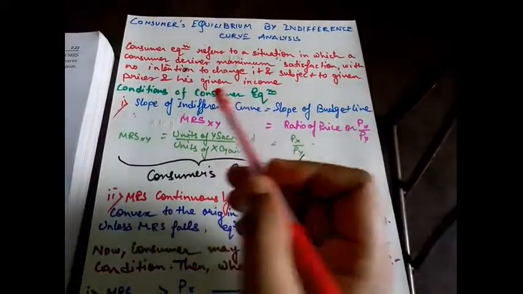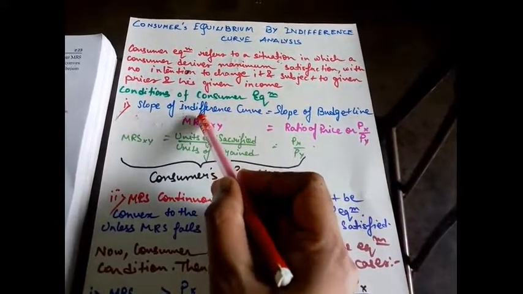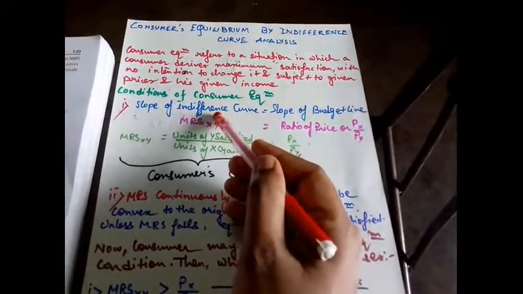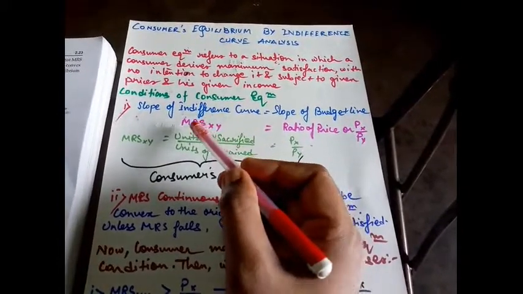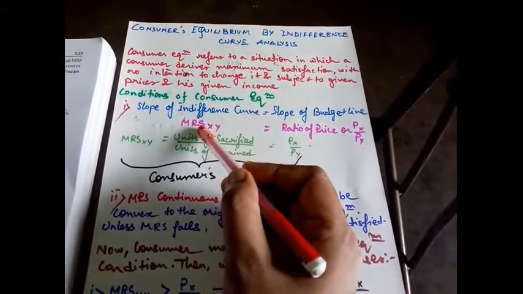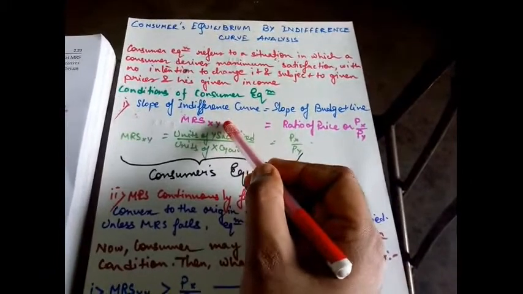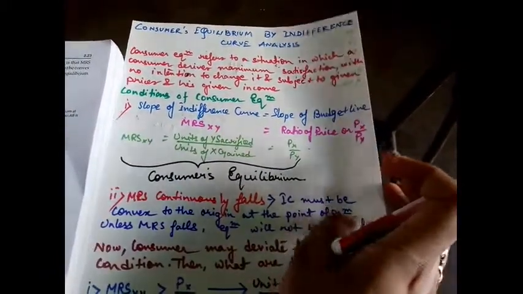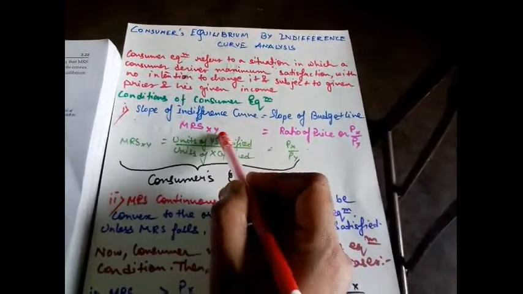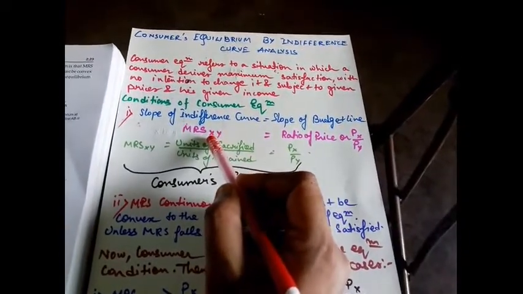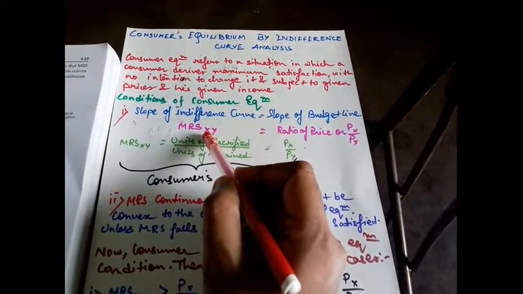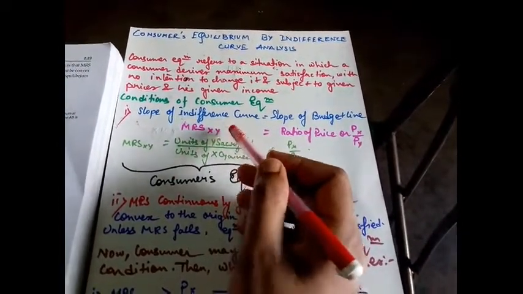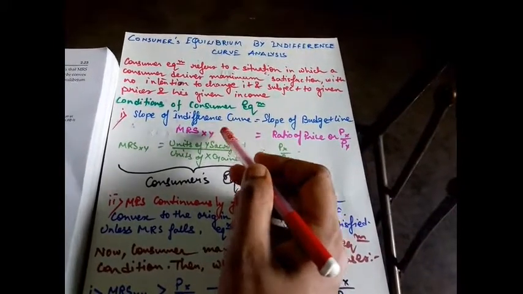Then I have told you in the previous classes that the slope of the indifference curve is derived from the marginal rate of substitution of x and y. And what is this marginal rate of substitution? It is the rate at which, when x and y are two goods which you are consuming, you substitute x for y, or y for x.